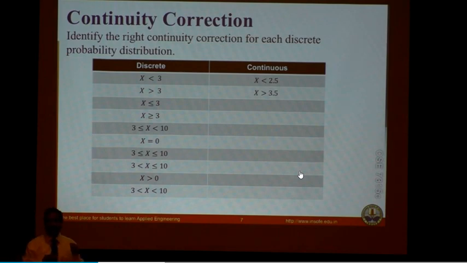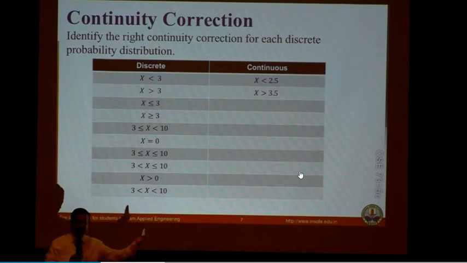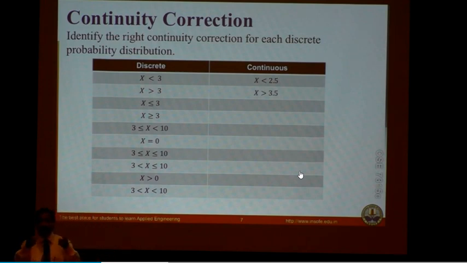X less than or equal to 3, which means 3 is included. 3 goes up to 3.5. The minority was the best. Less than or equal to 3, so 3 is included. You have to decide what is included.